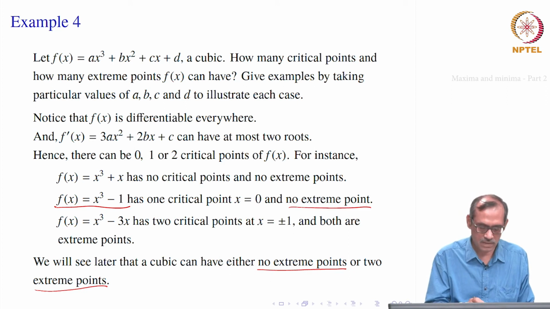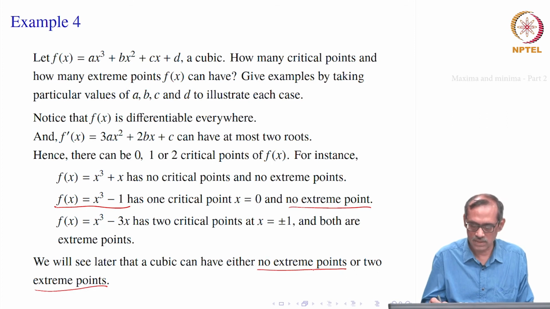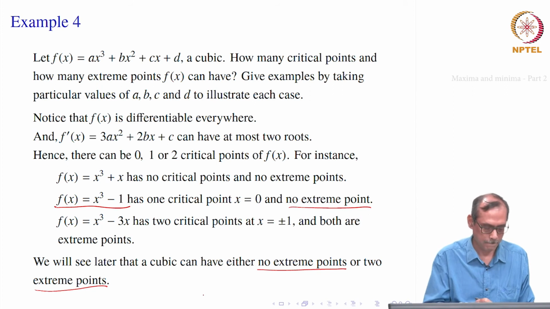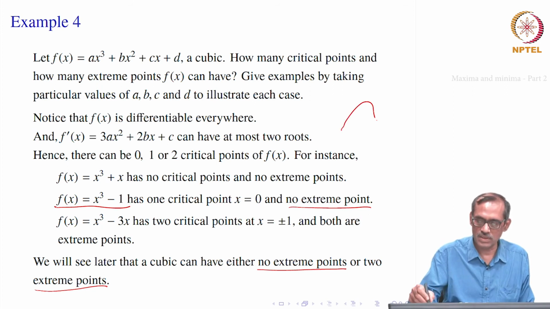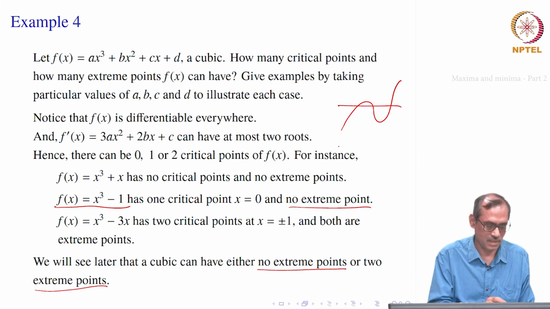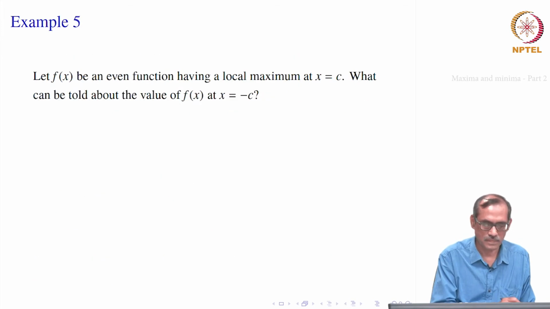We will see later why the case of exactly one extreme point is not possible for a cubic. Of course, from its graph you can see that in general the graph would be something like this, and that should give the answer. But we will see why this happens analytically.